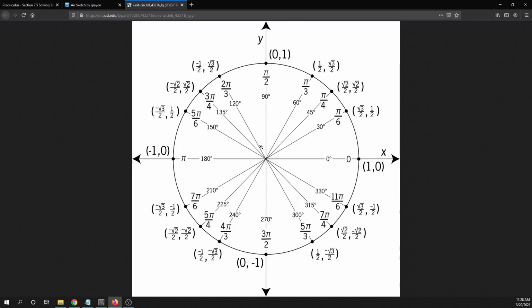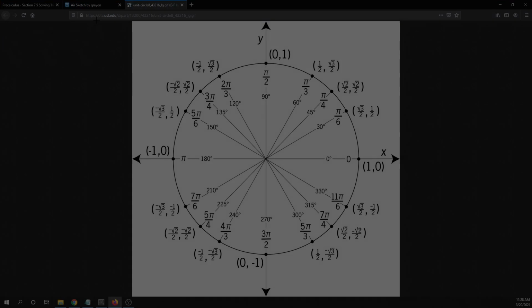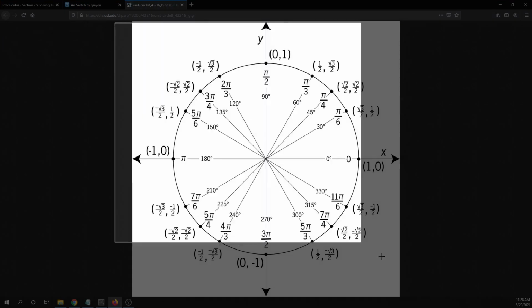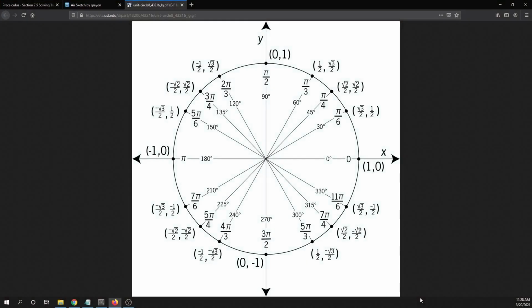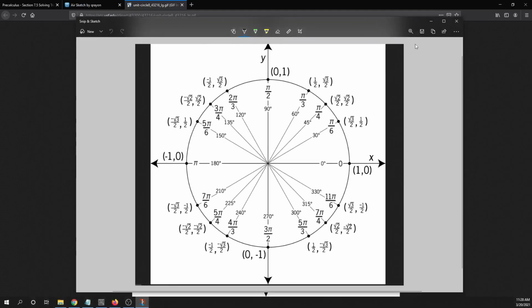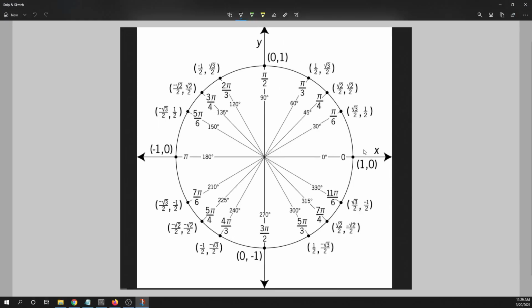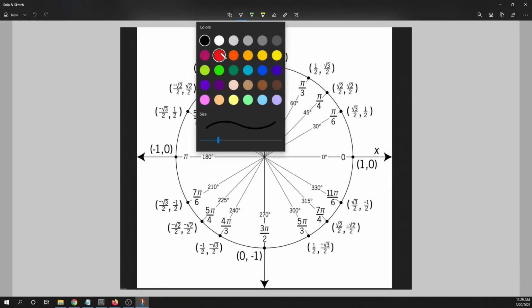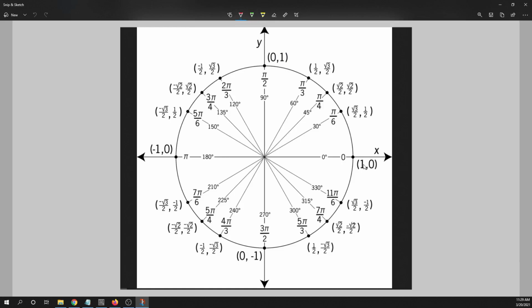So what you're going to have to do for the tangent is to think about what those values would be. Right, and we know that the tangent, I'm going to do the tangent in red, is sine over cosine. So for this, it would be 0 over 1, which is 0.